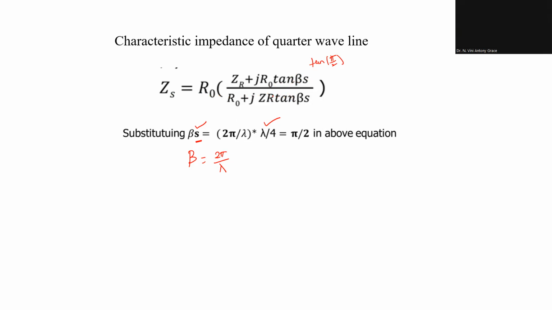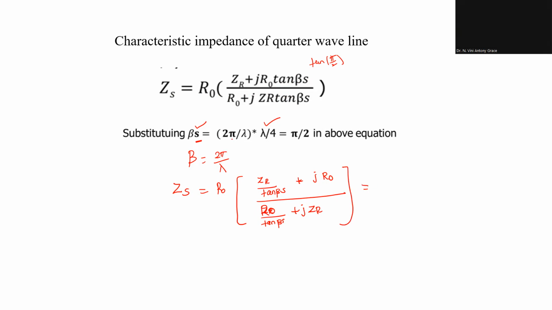In order to avoid this, let us rewrite the same expression for ZS by taking tan beta S common. It becomes R0 into ZR by tan beta S plus J R0, divided by R0 by tan beta S plus J ZR.